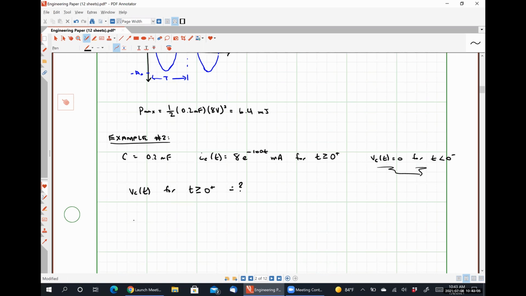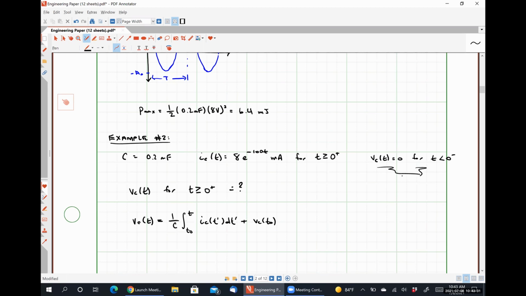So since we know what the current is, our equation that we would use would be 1 over C times the integral from t naught to t of IC of t prime dt prime plus VC at t naught, okay?